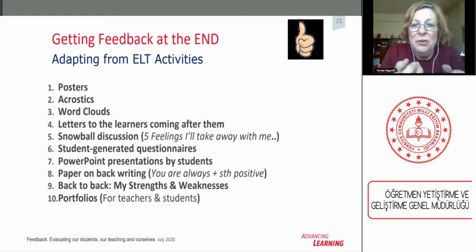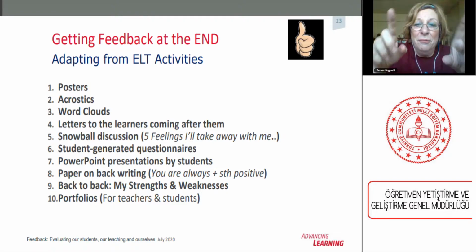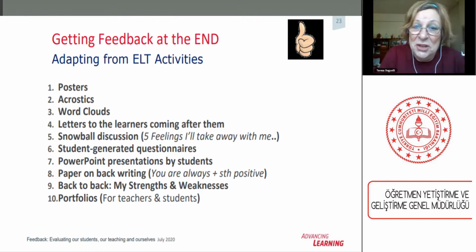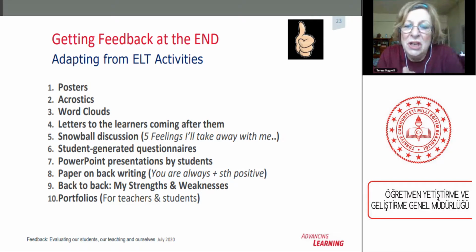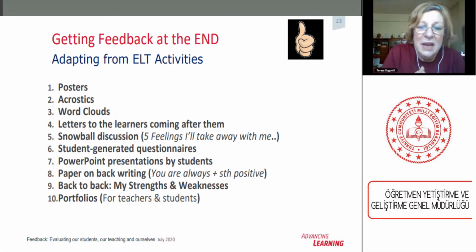So you can do that 1 student, then 2 students, then 4 students, then even 8 students, and so it snowballs, and in the end those are the feelings that they will take away from the year with them. You can again use student generated questionnaires. They can write their own question, share it with the class and answer it, and you can also ask them to prepare PowerPoint presentations of how their year has been.